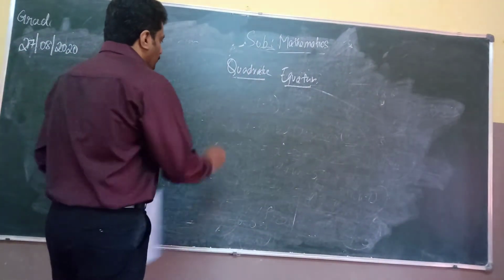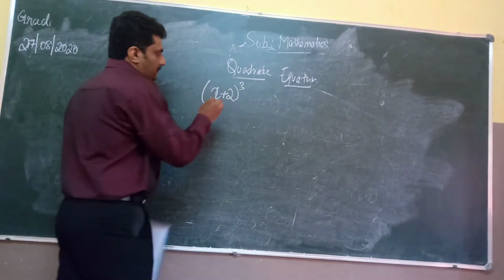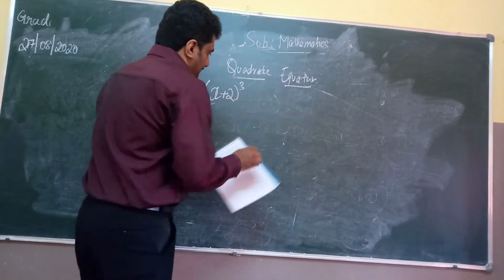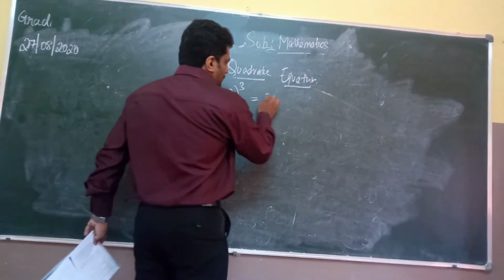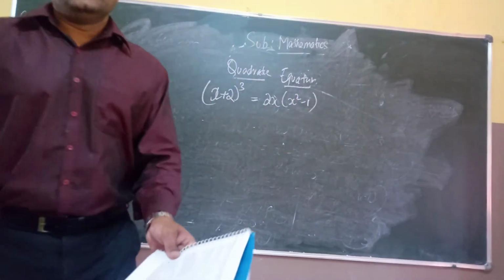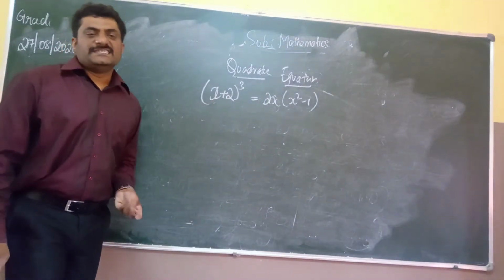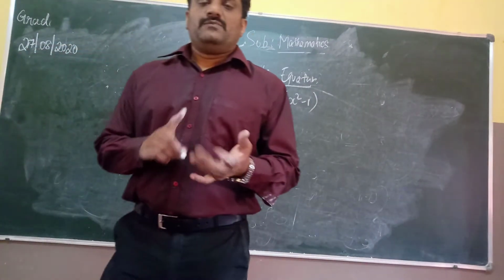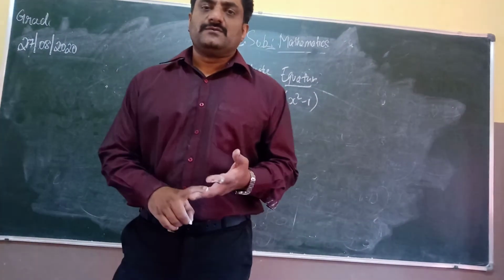x plus 2 whole cube is equal to 2x times x squared minus 1. Now how do we do this? What is a plus b whole cube? a plus b whole cube is a cube plus b cube plus 3ab square plus 3a square b.